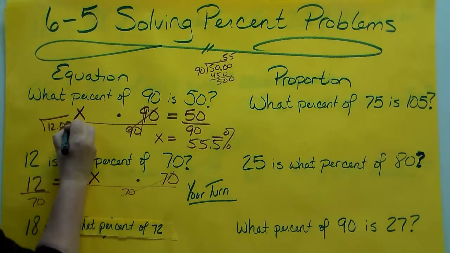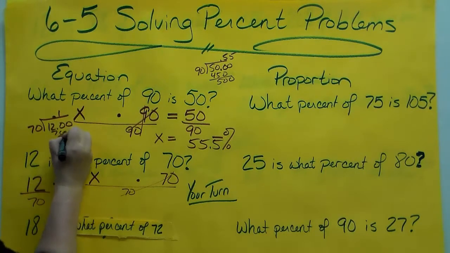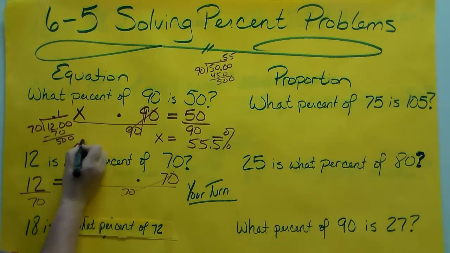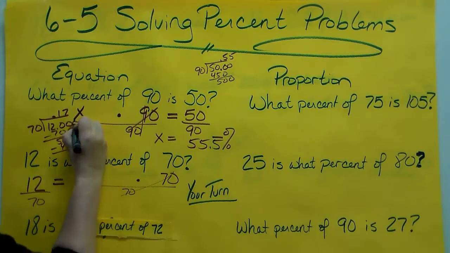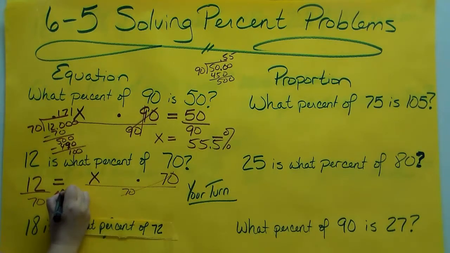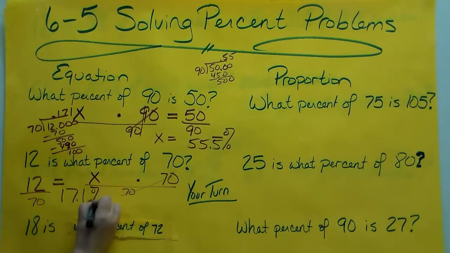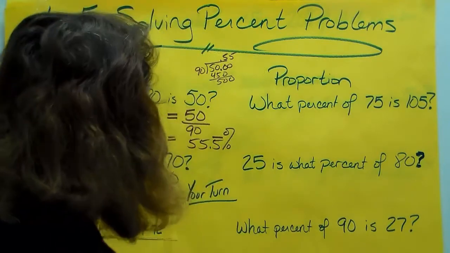And 12 with 2 decimals, and 70 goes into 12. Oh, once 70 subtract 12 minus 7 is 50. 70 goes into 500. 7 goes into 50 7 times. That's 49 with a 0, and that's 10. And I bring down another 0. And 70 goes into 101. So this is 17.1%.